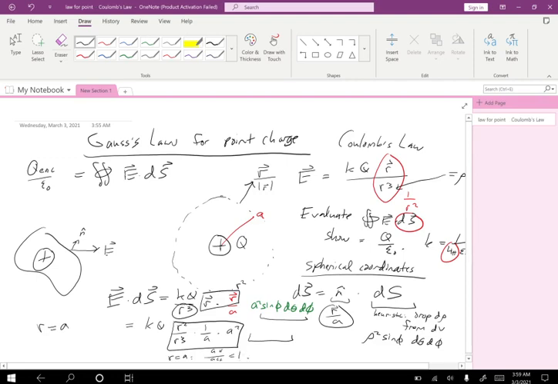And that's good, right? Because there's no a's on the left-hand side. Okay, so we end up with kq times sine phi d theta d phi. That is our integrand that we need to deal with.